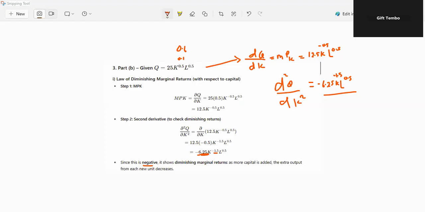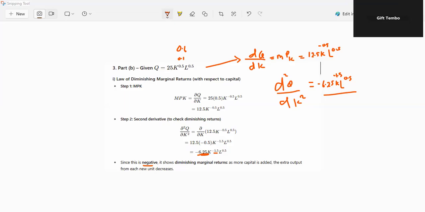So we also have a negative here. Since it is negative, it proves that as K, which is capital, increases, the extra output from each additional unit of capital decreases. So this verifies the law of diminishing returns.